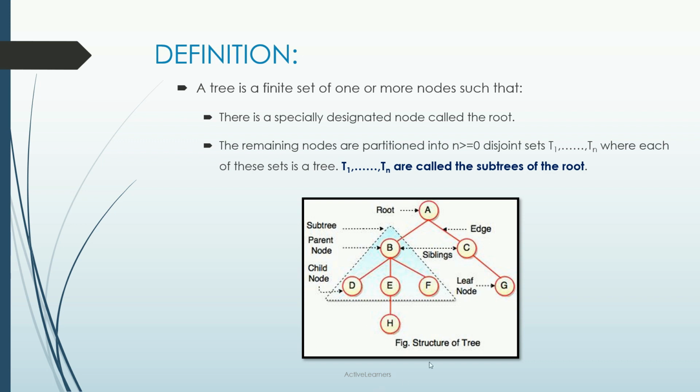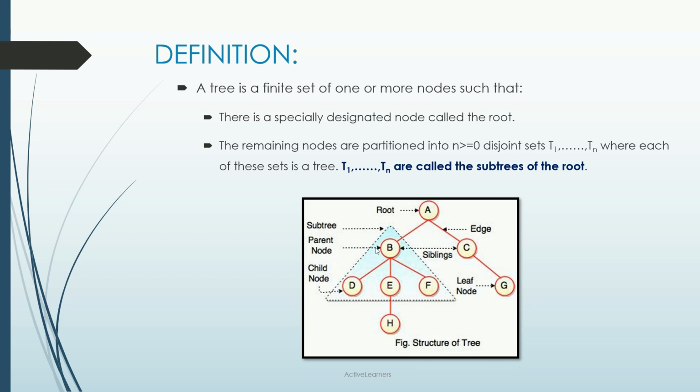Now looking into this diagram, B has the children D, E and F. But when you look at the node D, there is no other child for the node D. So this node D will be called a leaf node since it does not have any branches.